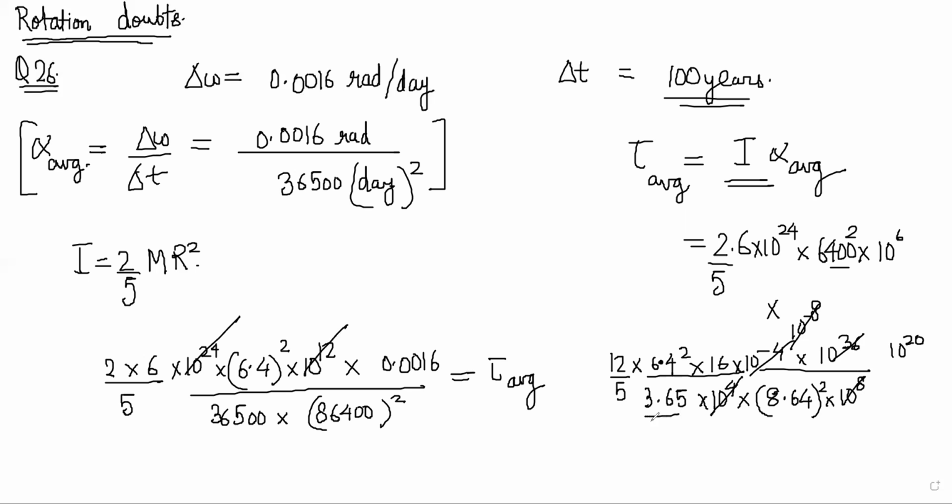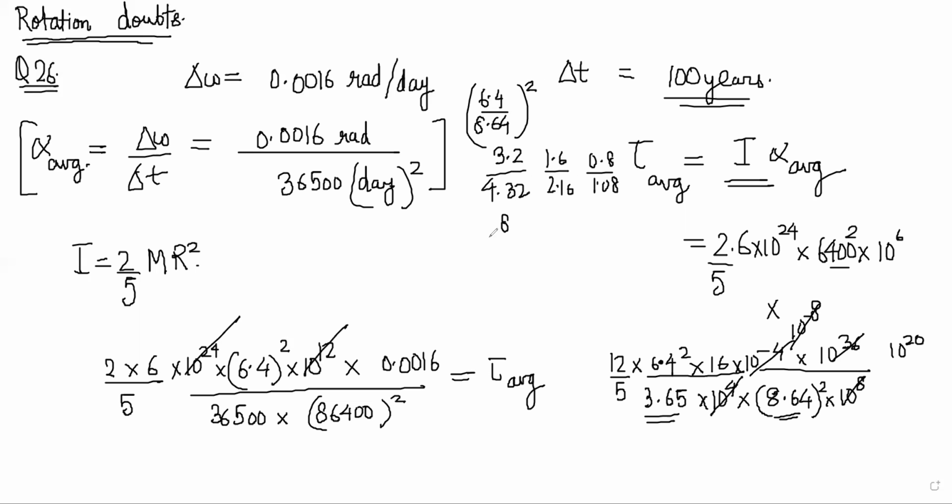So 3.65 is here, 12 is here, 8.64 whole square is here. I have 6.4 by 8.64 whole square, so that is 3.2 by 4.32, that is 1.6 by 2.16, 0.8 by 1.08.